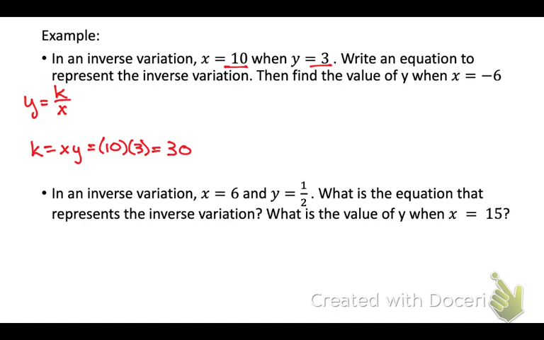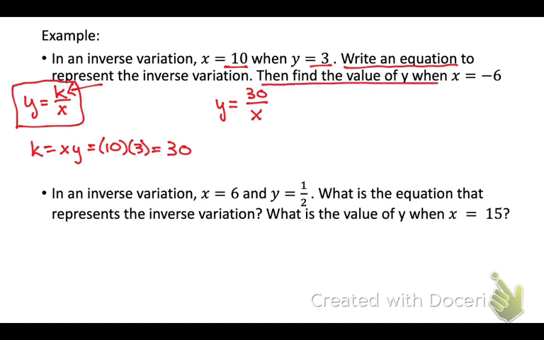So the equation is y equals 30 over x. That's the first part. Then it says find the value of y when x equals negative 6. So we plug in negative 6 into 30 over x and divide, and get y equals negative 5.